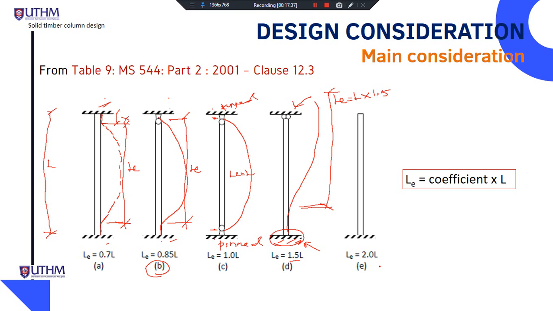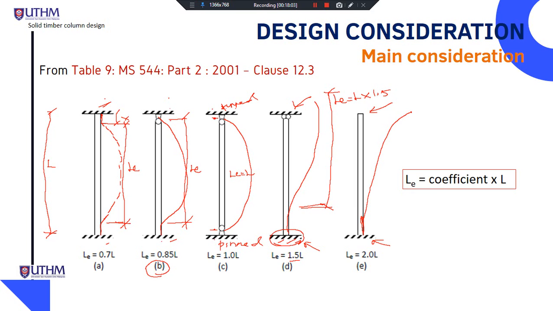And this is the last end condition, where it is restrained at one end, with no rotation at this end, both in position and direction. Meanwhile, this end is free. So this is the straight line, 0 at a certain edge.